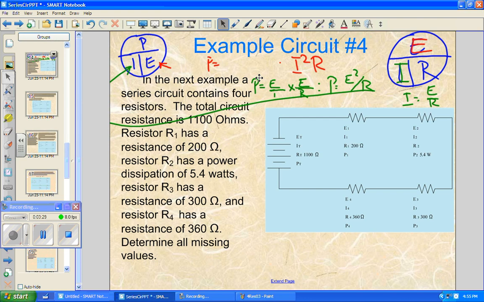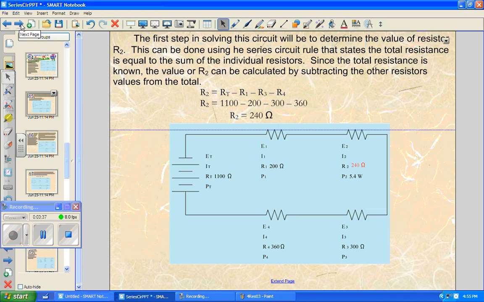Now, let's look at this and find out, what do we know? First of all, R2, where do we get R2? We have the resistance total minus R1, 3, and 4 will give us resistor 2, because if we add resistors 1, 2, 3, and 4 together, we have the resistance total.